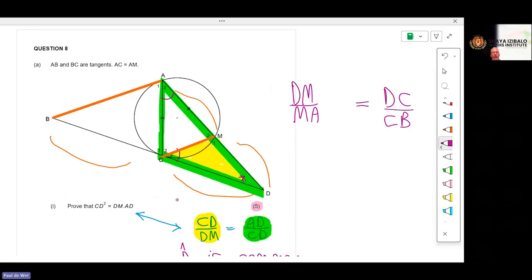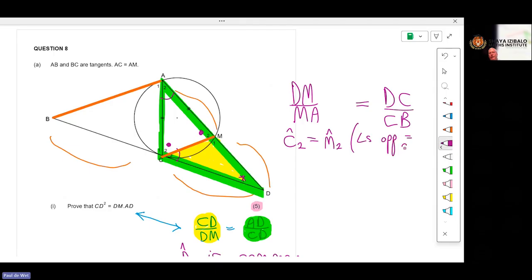So we're going to say X is equal to X because angles opposite equal sides. Okay, C2 is equal to A2, angles opposite equal sides. Very nice. Sorry, M2. C2 equals M2, angles opposite equal sides.